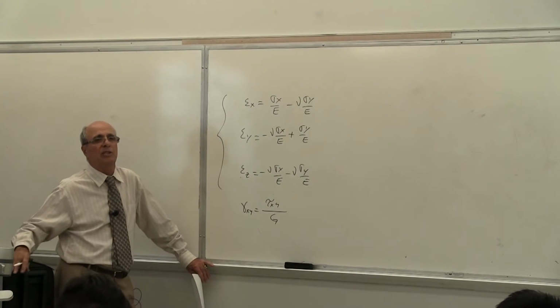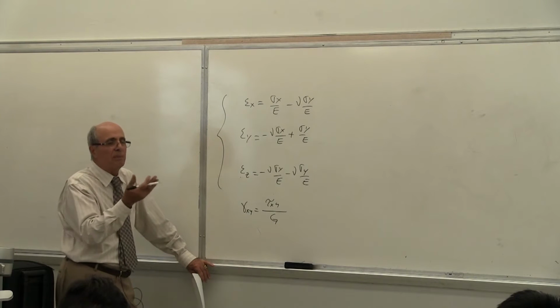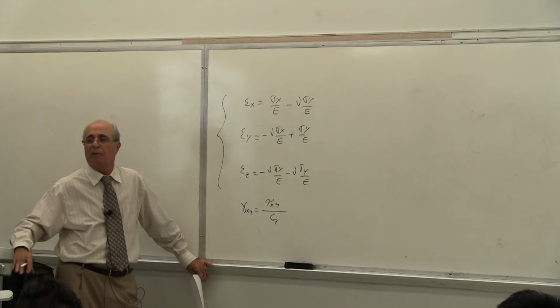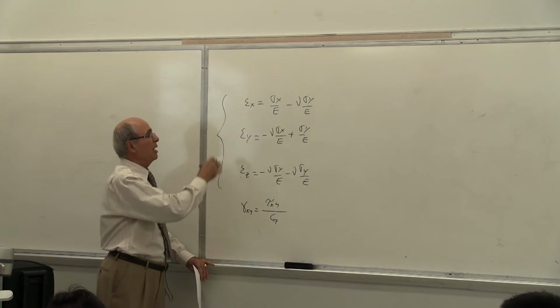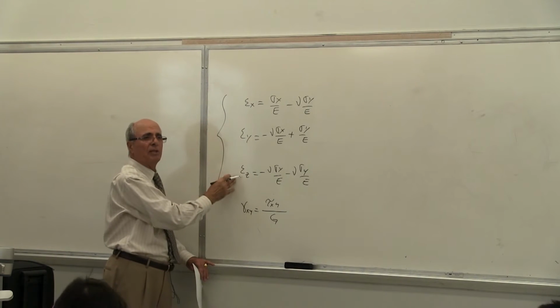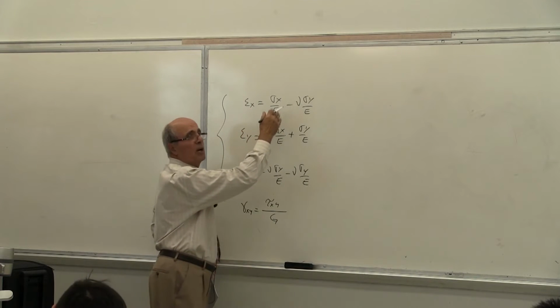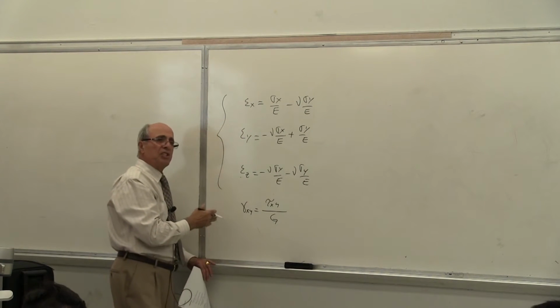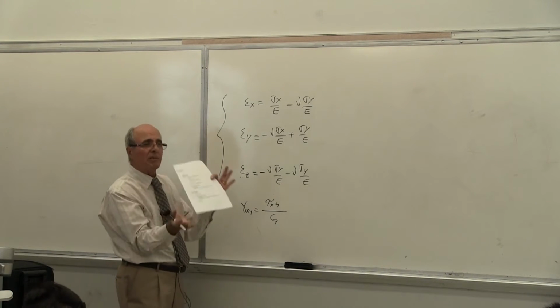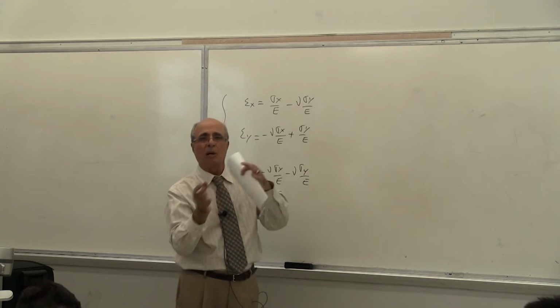I don't know whether you did or not. Otherwise, the lecture becomes much more difficult to understand. Is that correct or not? We have three normal strains, epsilon x, epsilon y, epsilon z, which depend on sigma x, sigma y, and sigma z. And we also have three shear strains, which are angular deformation. Remember the angular deformation, the angle becomes smaller or larger.